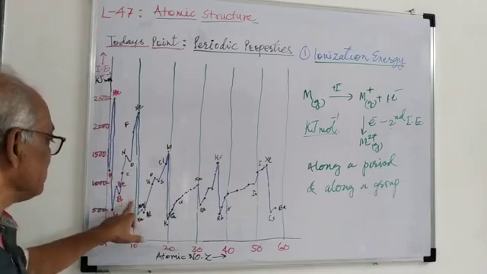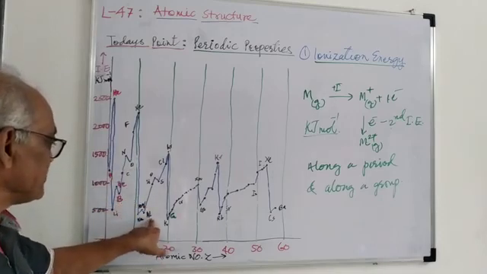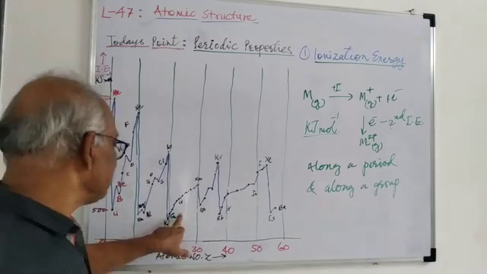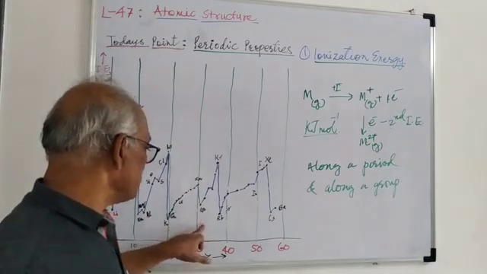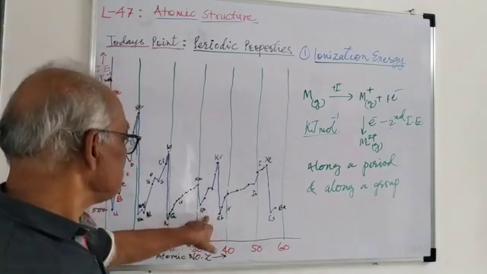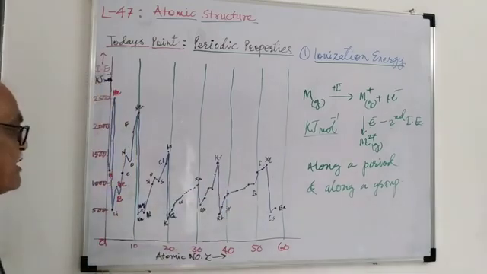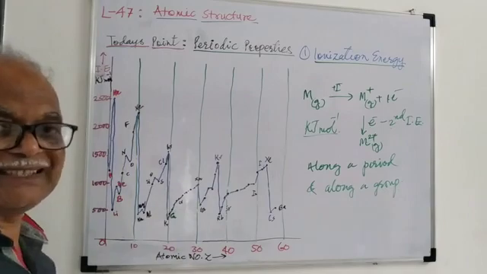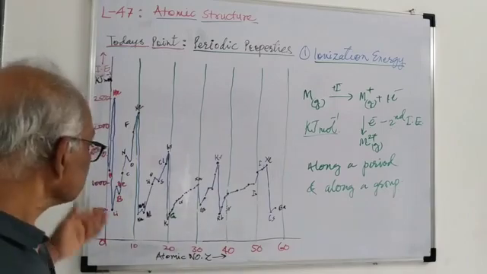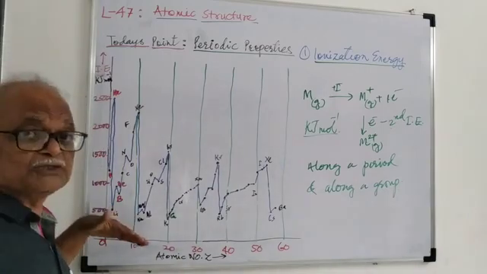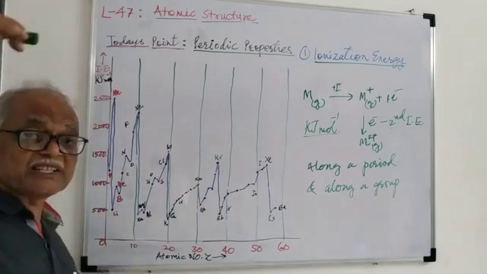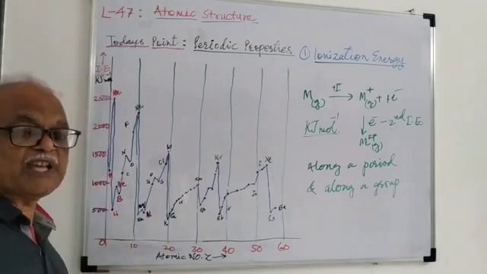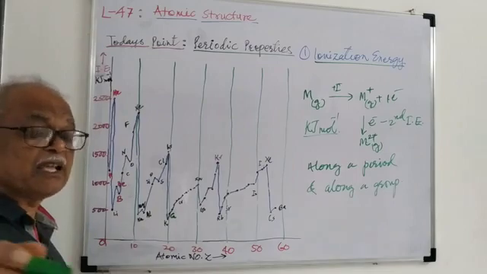Here a new p subshell is opened, here a new p subshell is opened, here the p subshell is not opened, here the d subshell is opened, but here you will find that the p subshell is opened. So in this way the periodic trend shows that there is a gradual increase in energy across a period, and in a group there is a decrease in ionization energy as we move from top to bottom in the periodic table.